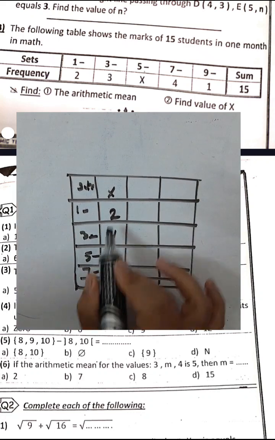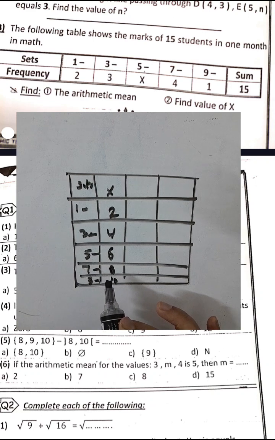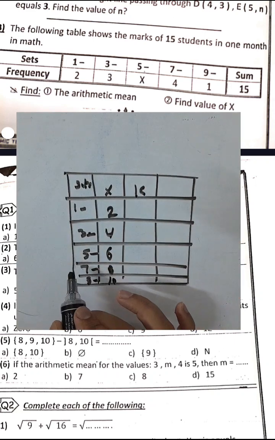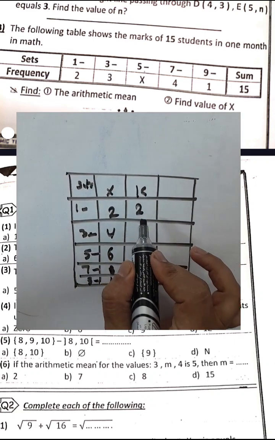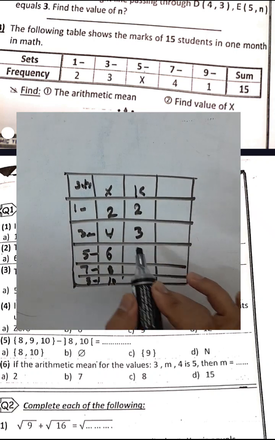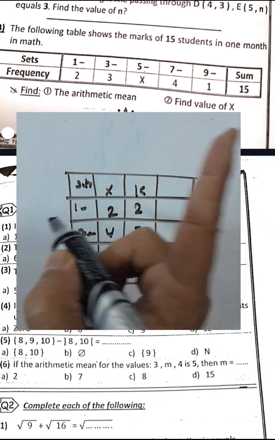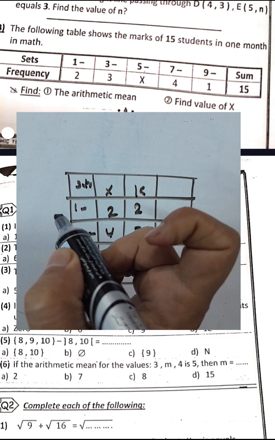And write 6, then 8. And here k2 was 2, 3, and we get x equal what? x equal 5, because 2 plus 3 equal 5. 5 plus 5, 10. 15 subtract 10 equal 5.